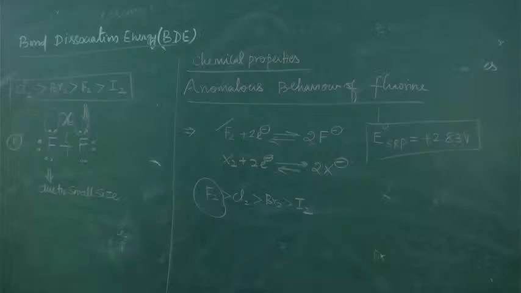Exothermic means delta H is going to be negative, due to small size and strong bonds formed by it.